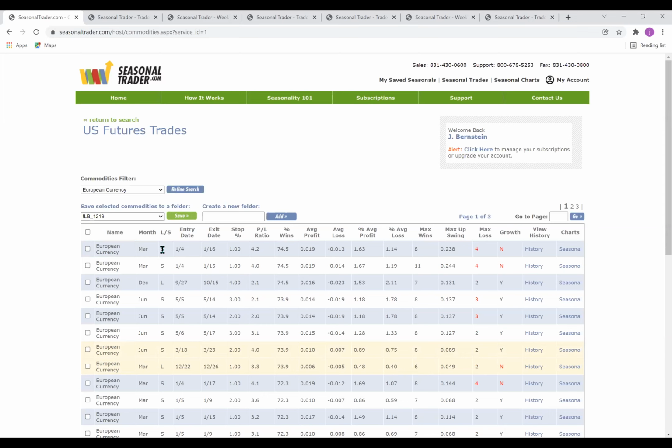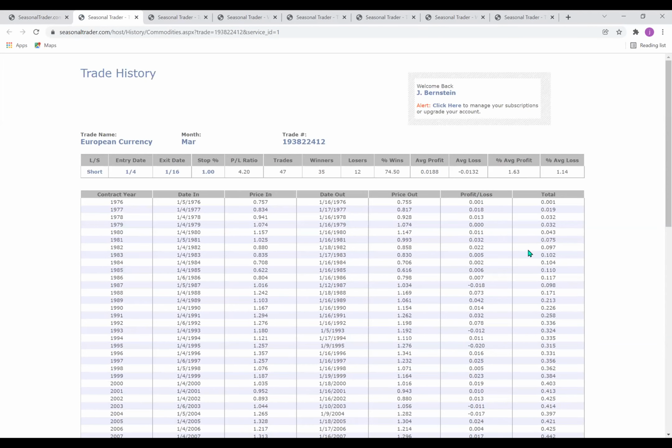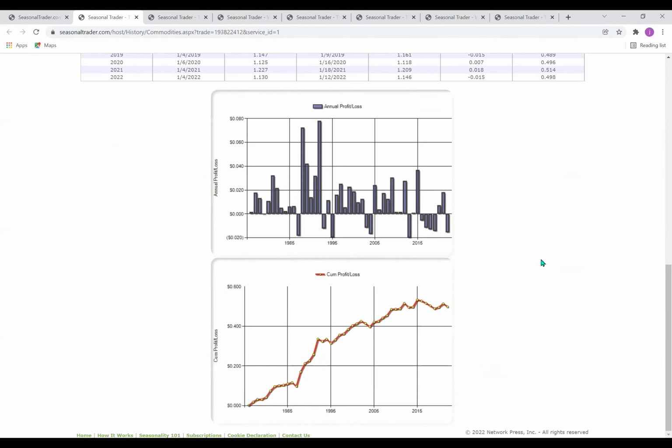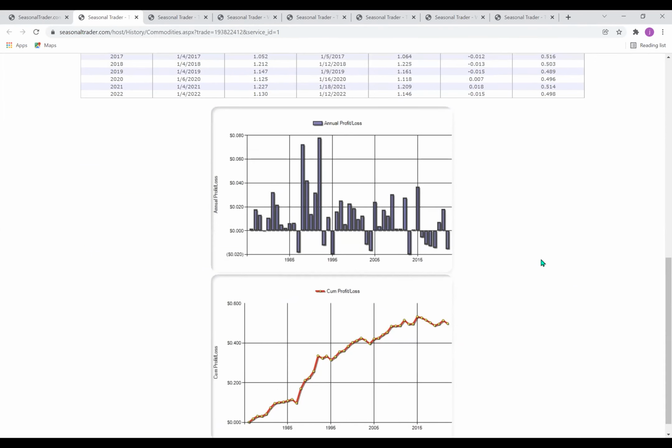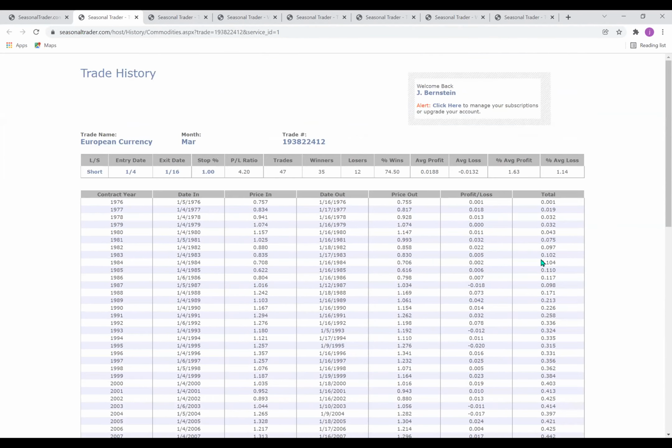Short, March Euro, January 4th through January the 16th. And let's look at the track record, like so. 47 years of history. And again, track record like so.